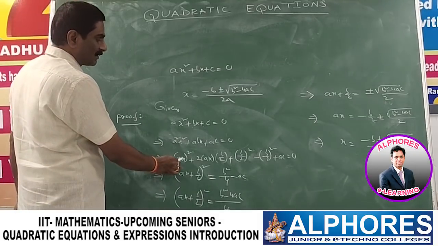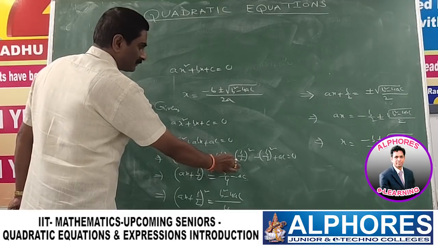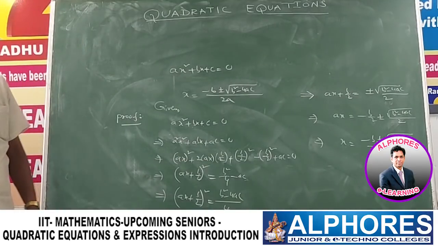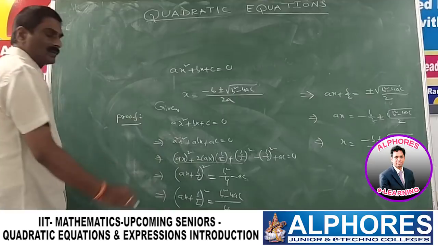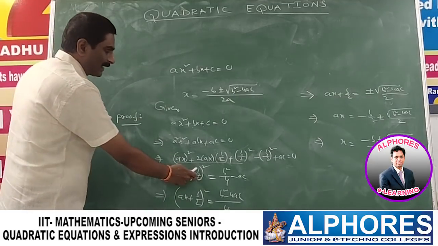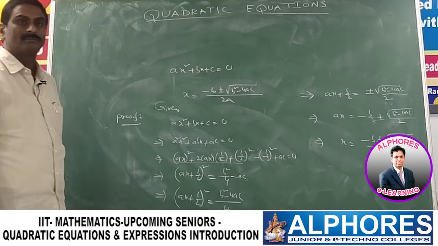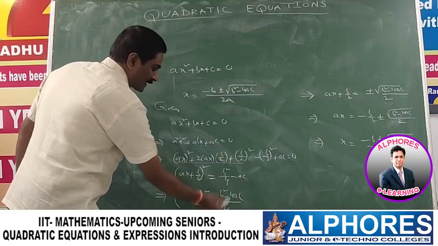Ax whole square plus 2 into ax into b by 2 plus b by 2 whole square minus b by 2 whole square plus ac is equal to 0. It is in the form of a plus b whole square. So ax plus b by 2 whole square is equal to b square by 4 minus ac, that means b square minus 4ac by 4.